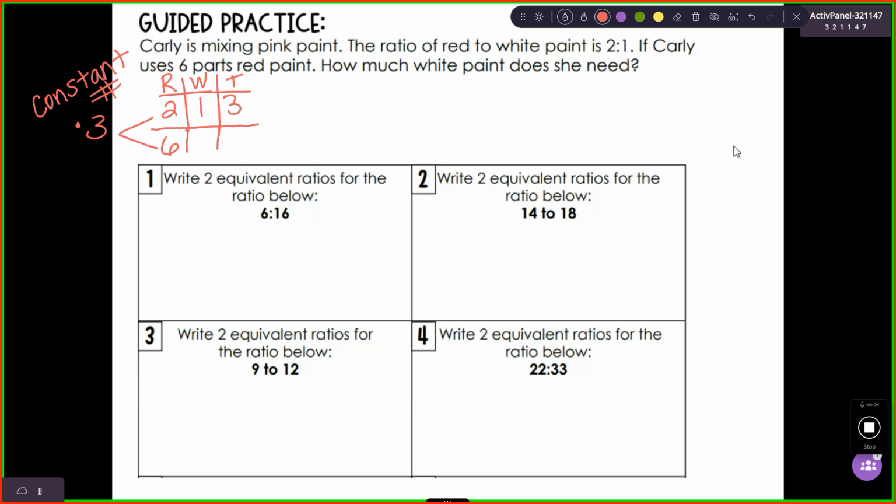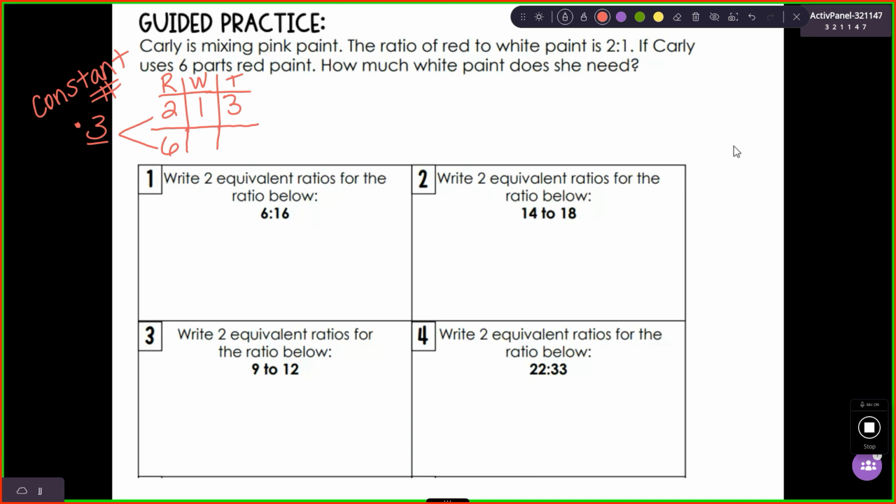If you go from a small to a big number, you multiply. But if we went big to small, what would we do? Divide. But what does not change? The 3, right? The operation would just change, okay? Constant number is 3. But what's happening to 3 here?